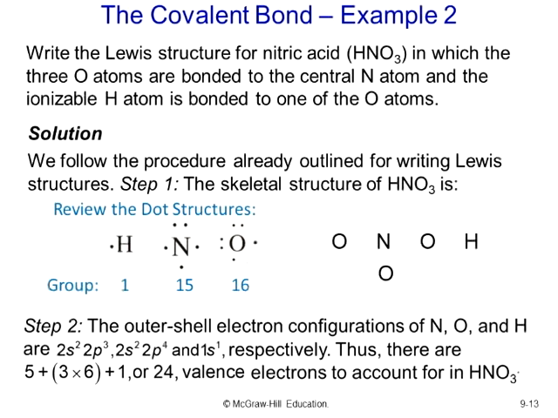By inspection, we believe that nitrogen will be the central atom, or at least be one of the central points of contact, because it has 3 vacant spaces available, because it has 3 single dots, 3 single electrons. We look at oxygen, it has 2 single electrons, therefore 2 opportunities to bond, and hydrogen has 1.